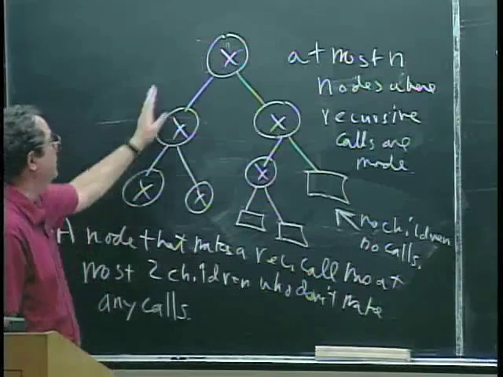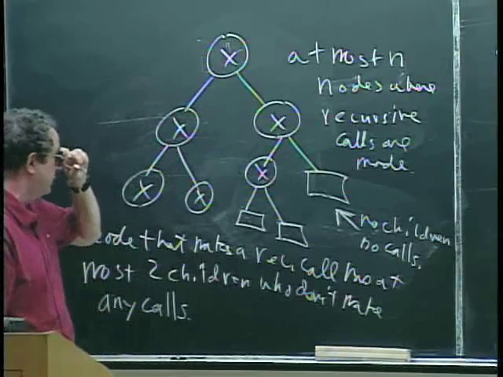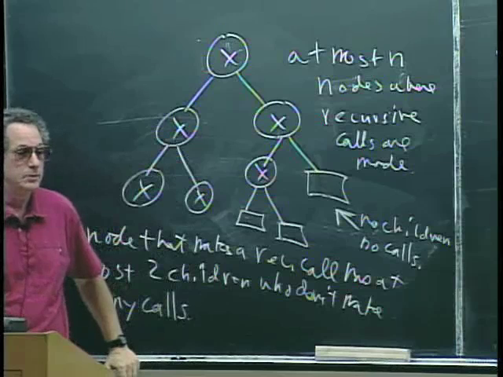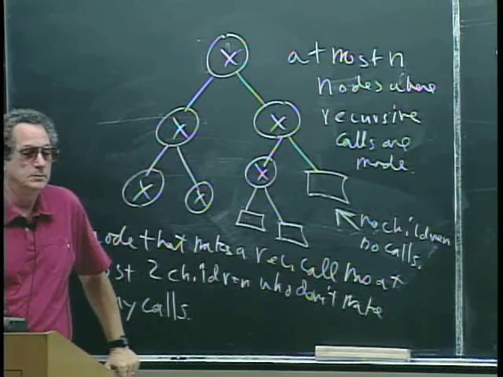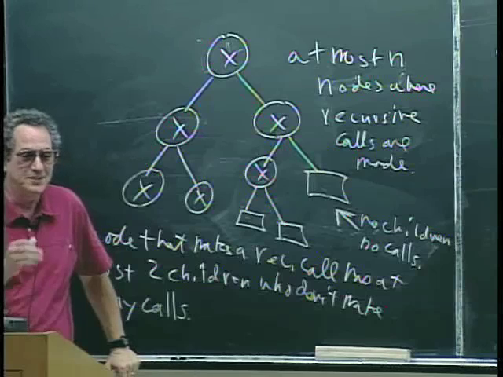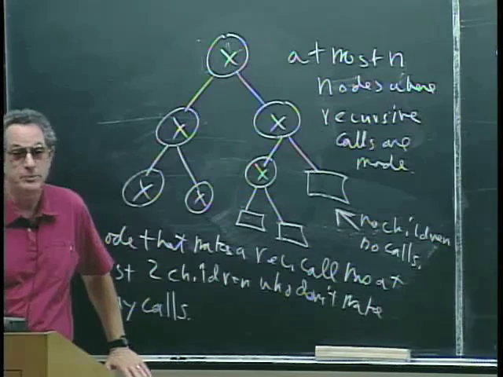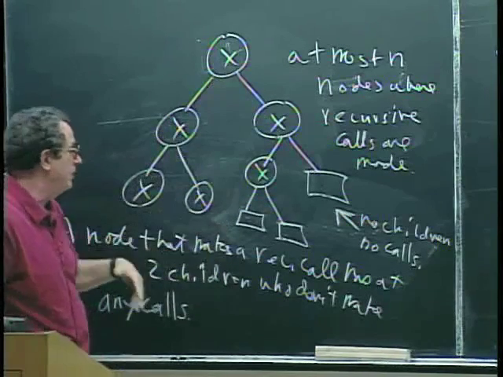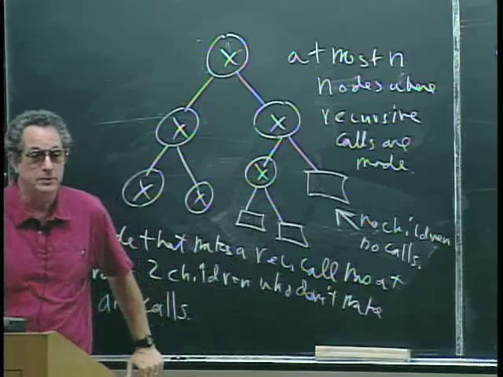So I can ask, in this tree that describes what this algorithm is doing with memoization, how many nodes are there at most? Yeah. 2 or 3n. Okay. Yeah, 3n is certainly, it's at most 3n, because we know that there are at most n nodes that make recursive calls, and we know that there's at most 2 nodes hanging off of such a node that don't make a recursive call.